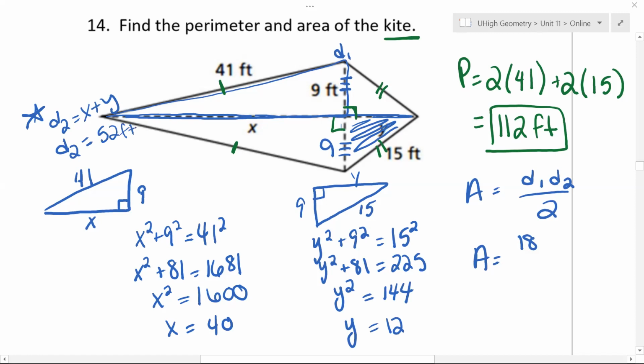So going back to my area formula over here, I get the area is diagonal 1, which is 18, times diagonal 2, which we just found to be 52, divided by 2, and I substitute that into my calculator, and I get that my area is 468 feet squared.